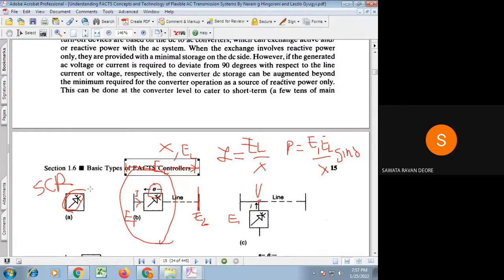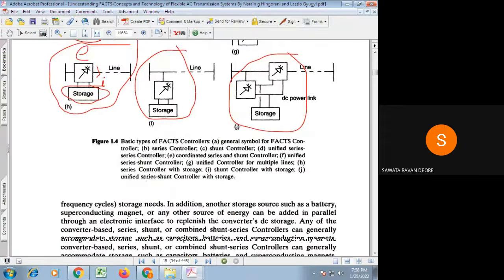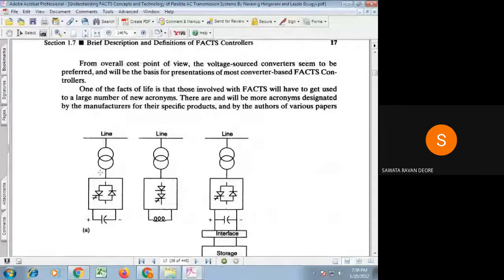Means this power semiconductor device has turn on control, but turn off control is not there. Means it is not a self-commutating device. Whereas if it is an IGBT, like symbolically it might be shown somewhere here, where your gate terminal is provided with the cross representation, it is a self-commutating power semiconductor device like the IGBT, insulated gate bipolar transistor.